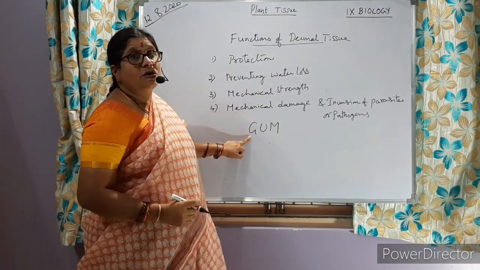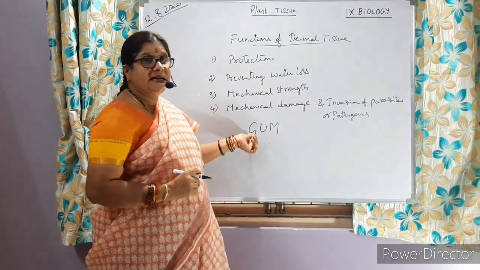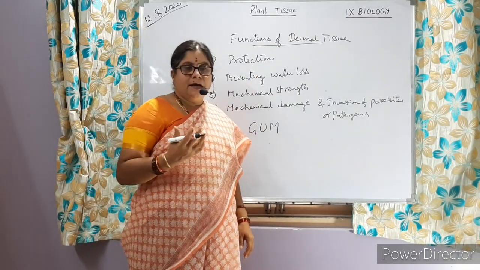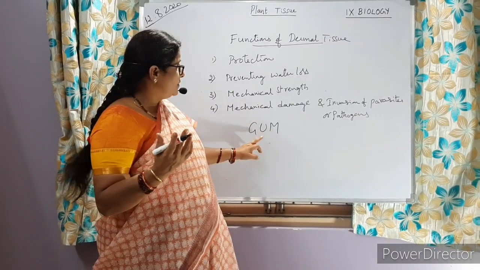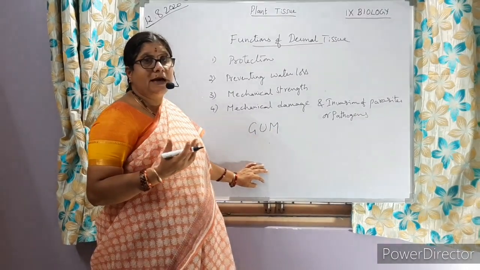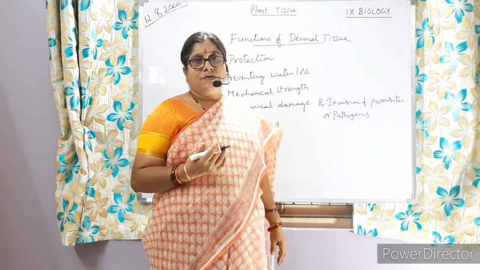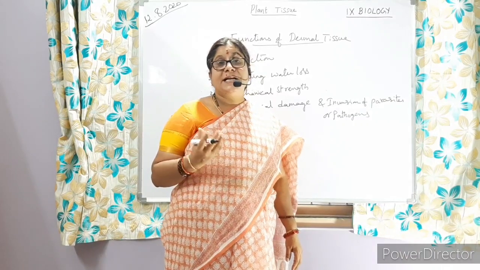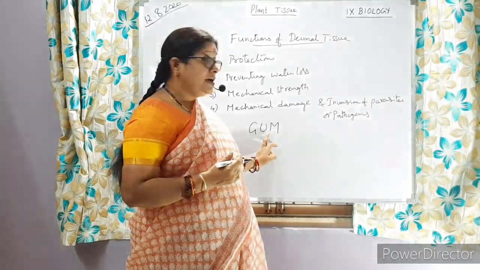Please remember children, gum is secreted from certain cells present in the dermal layers of plants. Gum is used in adhesives. Apart from that, it is used in the binding industry and in preparing some food items and medicines.